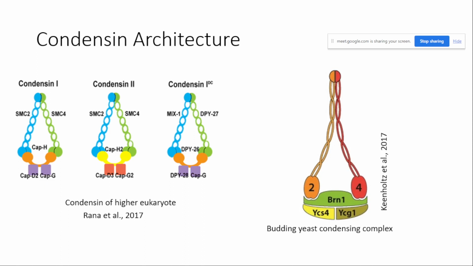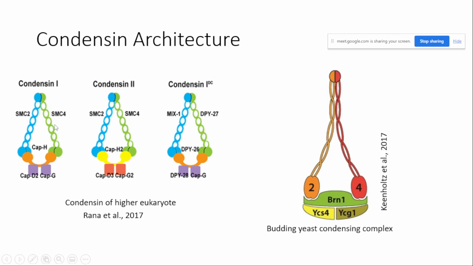Okay, fine. So now from cohesin, we can jump to condensin. In higher eukaryotes, or metazoans, three kinds of condensin are observed.